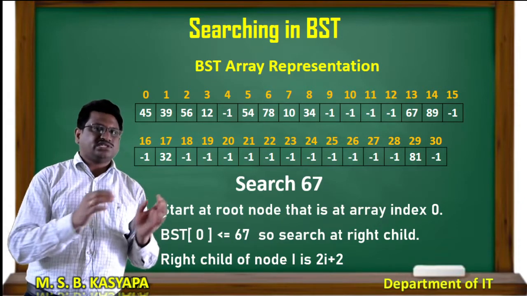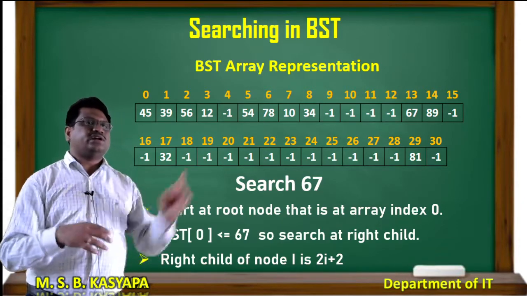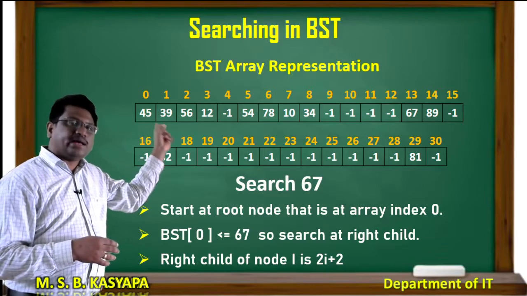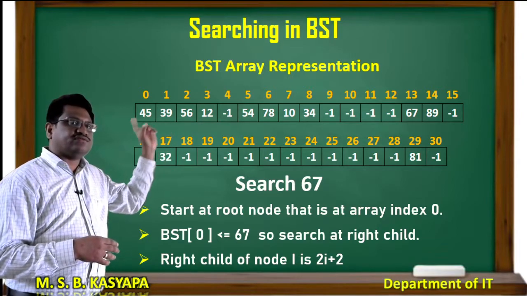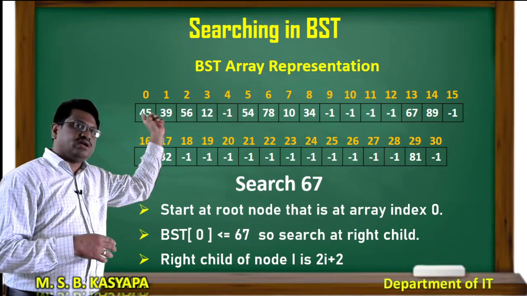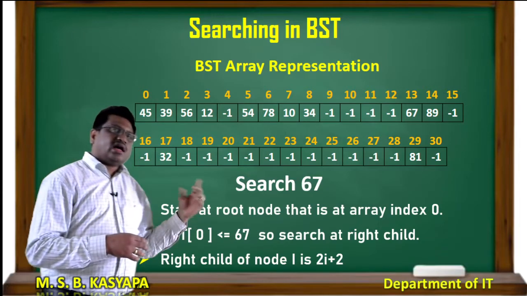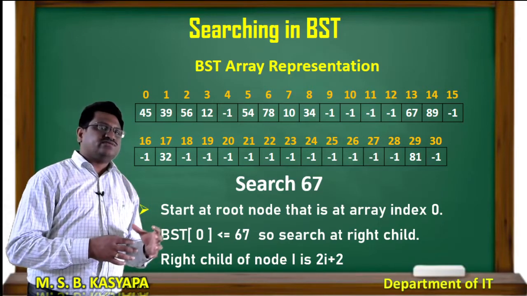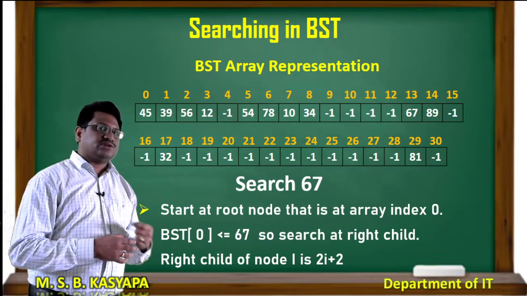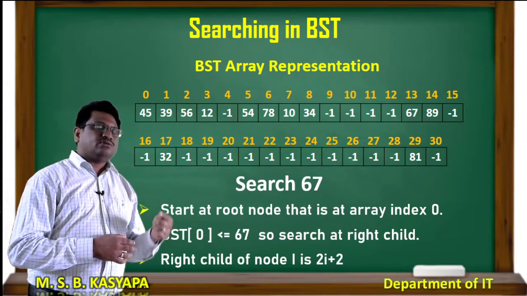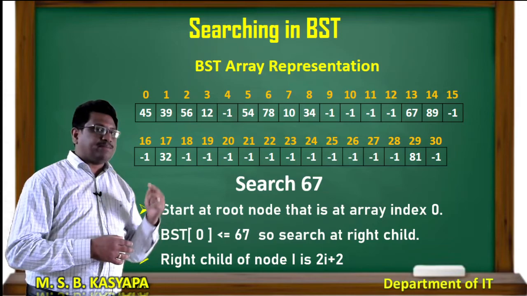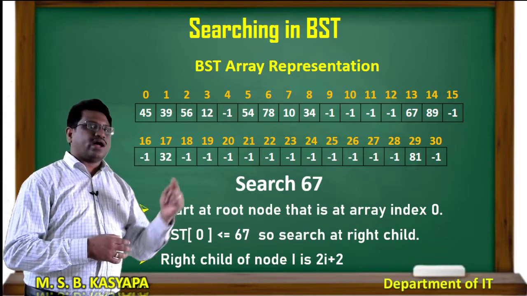That means first I have to search the right child of this root node. How to find the left child or right child of a particular node? If I take an index value i as a node, the left child is 2i plus 1 and the right child is 2i plus 2.